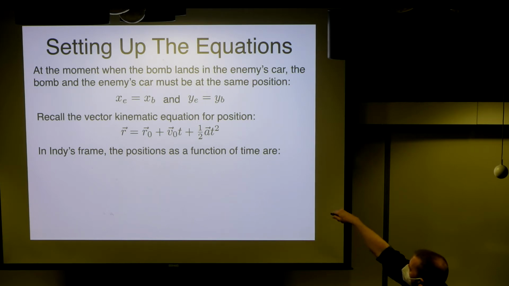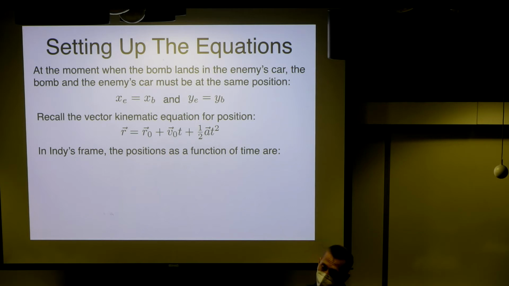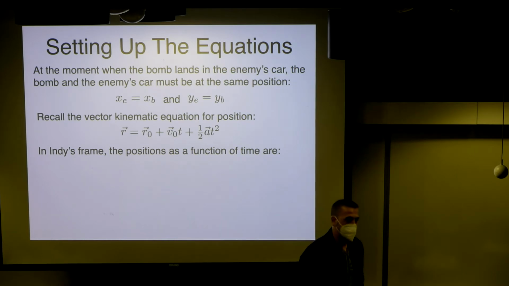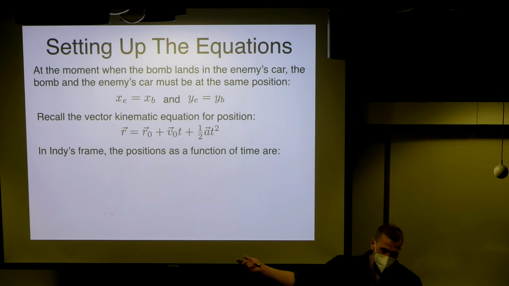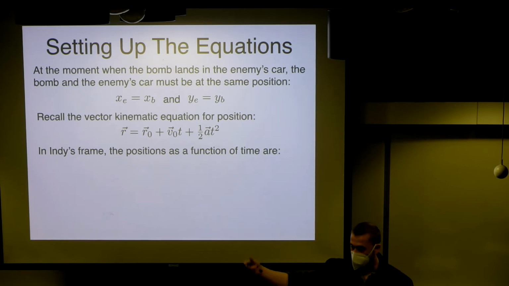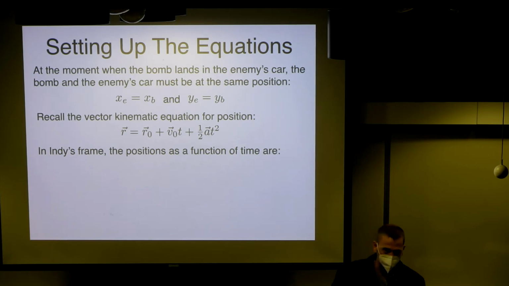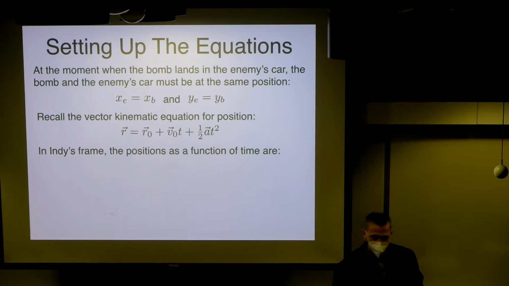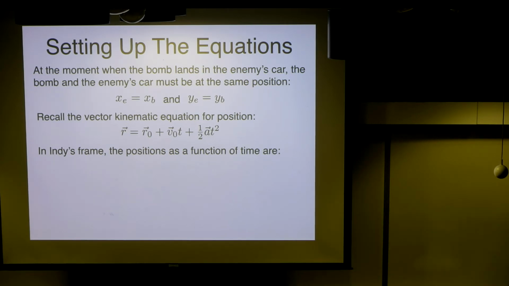So let's think about this. XE equals XB. The x position of the enemy equals the x position of the bomb. YE equals YB. The y position of the enemy equals the y position of the bomb. Both have to be true, right? If it's just the x positions equal, but not the y positions, it doesn't work. You don't land in the car, okay? They both have to be equal.